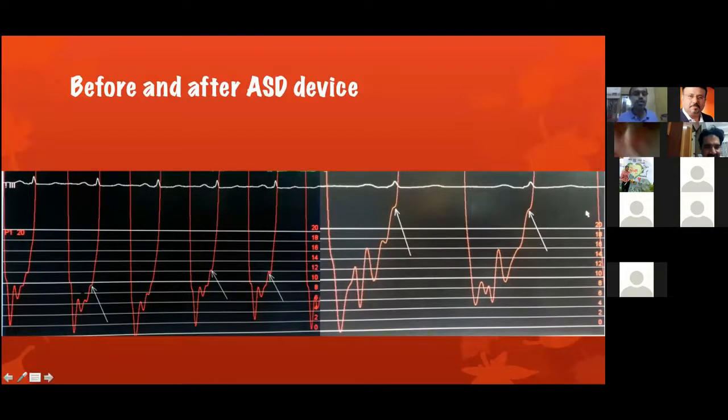Let us assume a patient is having a left ventricular end-diastolic pressure of 6 millimeters of mercury. Left atrial pressure will be 4 to 6 millimeters of mercury. The same is transmitted to the right side. Right atrial pressure is 4 to 6 millimeters of mercury. It is very unlikely that left ventricular end-diastolic pressure will shoot up from 6 millimeters of mercury to pathological levels. So a baseline elevation of the left ventricular end-diastolic pressure to 12 millimeters of mercury is actually due to a combination of two factors.